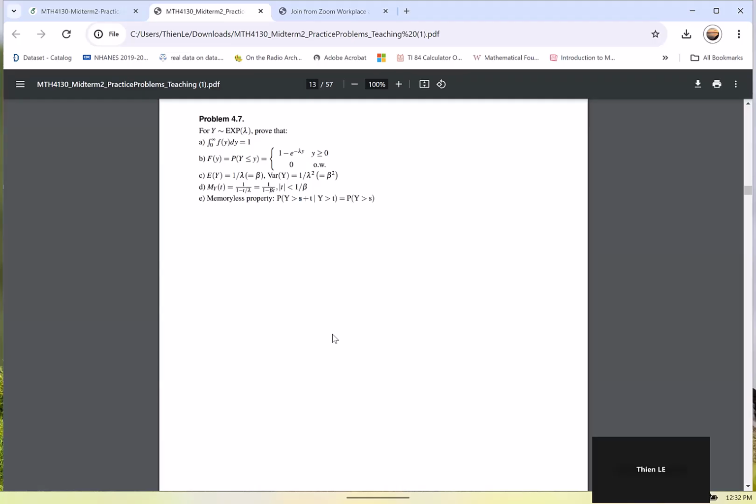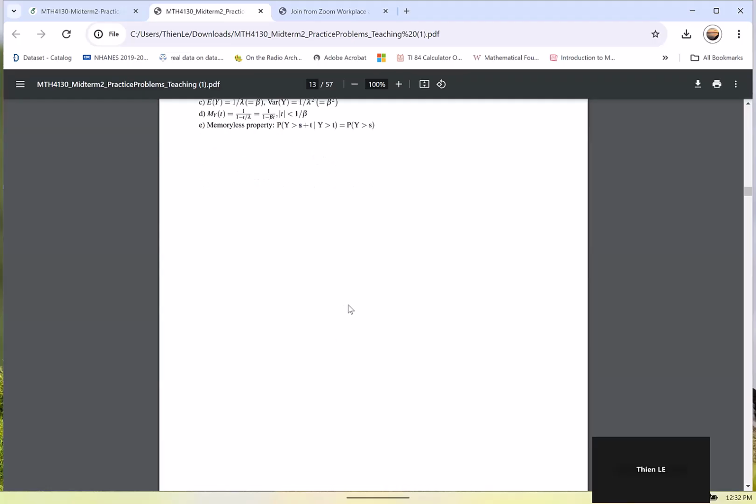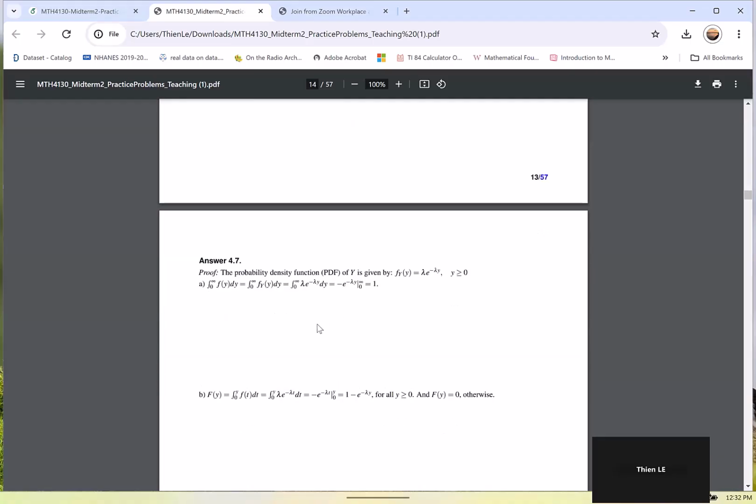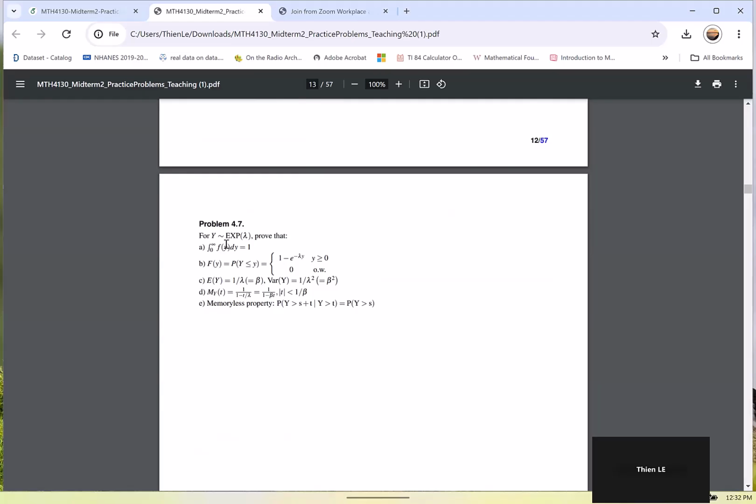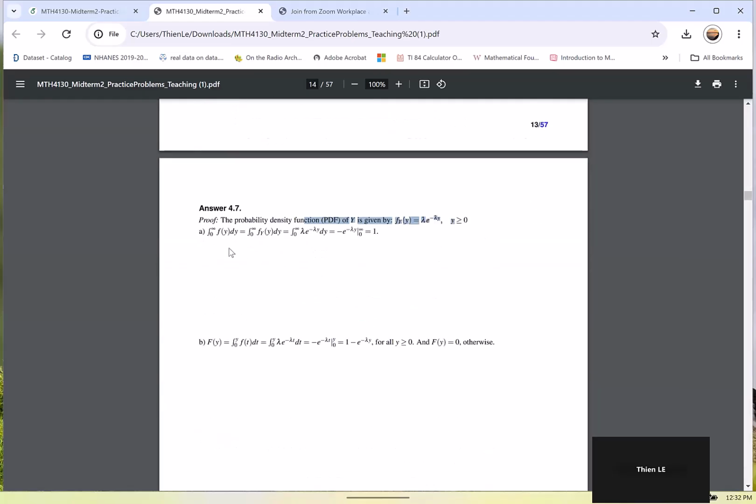Let's say the person survived after 180 days, right? What is the probability that he survives to 182 days? That just reduces to the probability he survived more than 2 days, right? So here in this case, this is the PDF of the exponential distribution with lambda, and you can confirm that, right, by doing this integral.